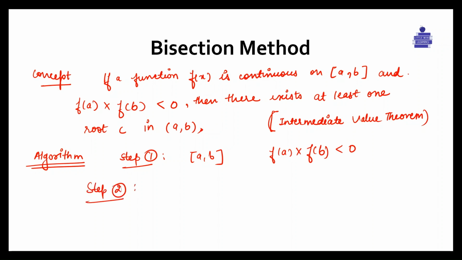Step number 2 is to compute the midpoint, that is c equals (a plus b) by 2. Then step 3 is to evaluate f(c). Now there are 3 conditions to it. If f(c) equals 0, then c is the root.